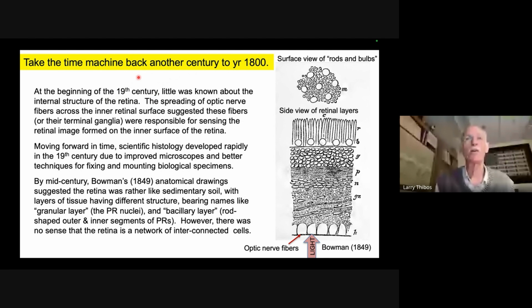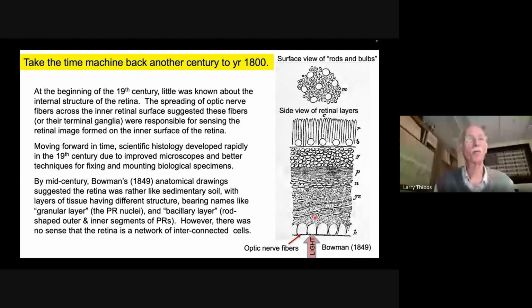It was noted, through dissection, that the optic nerve fibers spread across the inner retinal surface, and that suggested that these fibers, or the terminal ganglia at the end of that fiber, were responsible for sensing the retinal image formed on the inner surface of the retina.